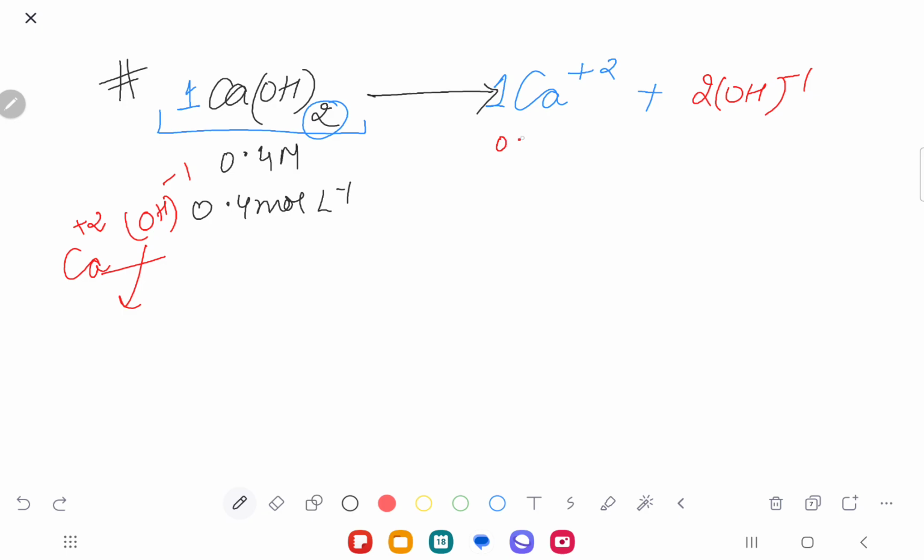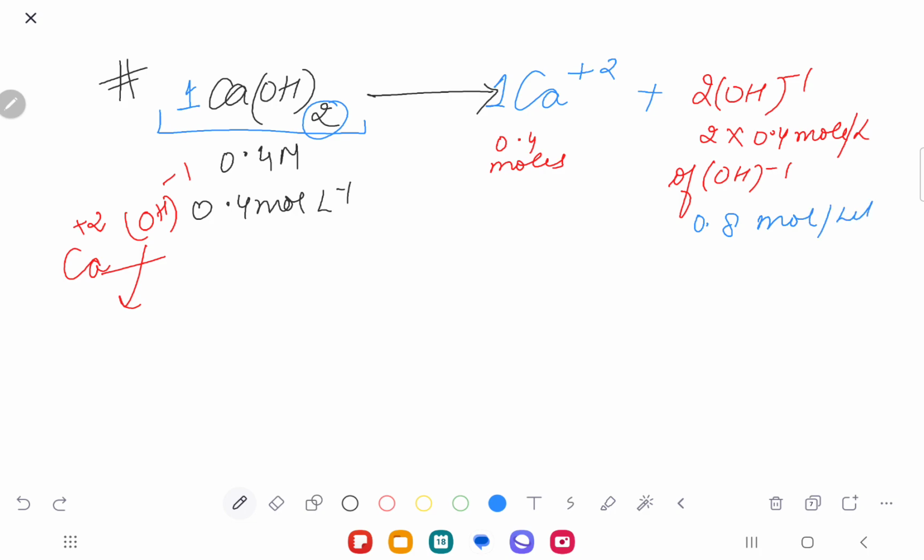So I have 0.4 moles of Ca2+ and 2 times 0.4 moles per liter of OH negative. Are you understanding my point? So basically, I have 0.8 moles per liter of OH negative. Yes or no?